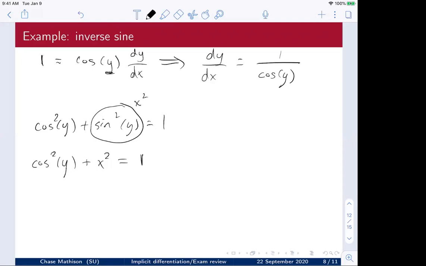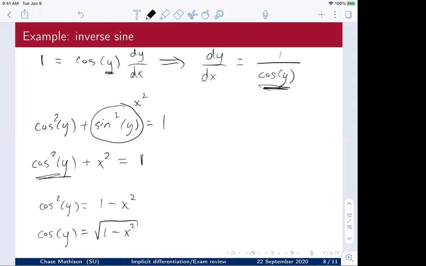Now I'm trying to figure out what cosine of y is, so let's get cosine of y by itself in this identity. Cosine squared y is equal to 1 minus x squared, just subtracting x squared from both sides. And then, lastly, to get cosine of y by itself, I'm just going to take a square root. So cosine of y is equal to the square root of 1 minus x squared.